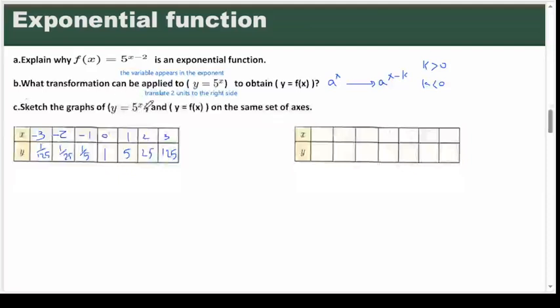We see my base, which is 5, is larger than 1, so the function is increasing.